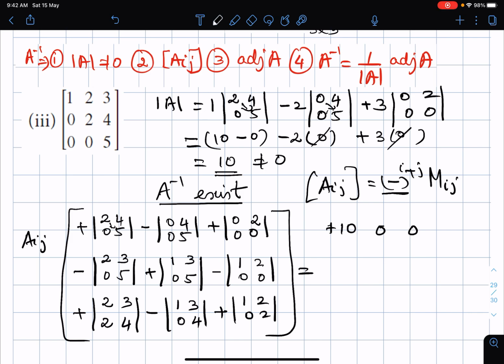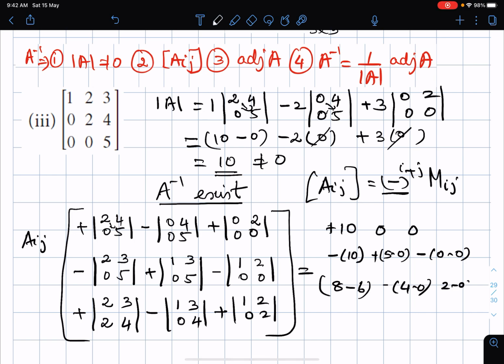Now coming to your second row, first element, minus 10 minus 0, then plus, here it is going to be 5 minus 0, and the last one is going to be minus 0 minus 0. Now coming to the third row, it is going to be 8 minus 6. Second element, minus 4 minus 0, and here it is going to be 2 minus 0.